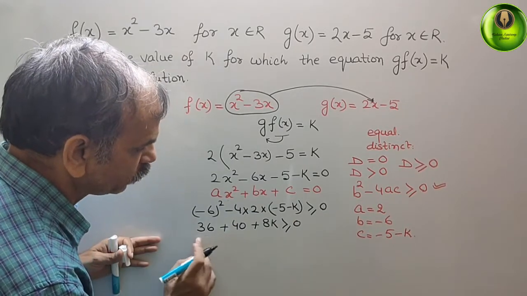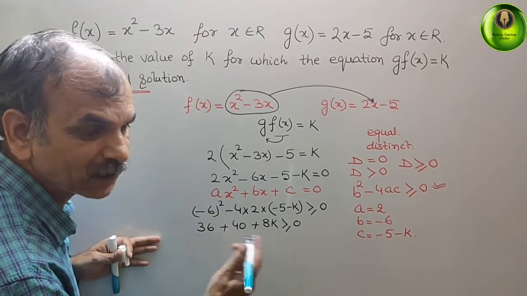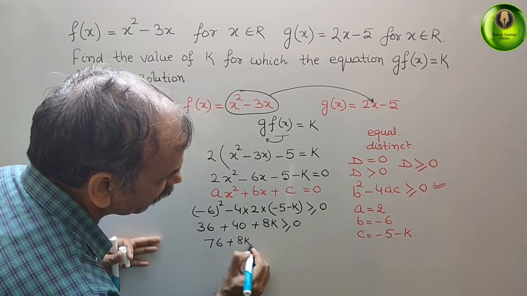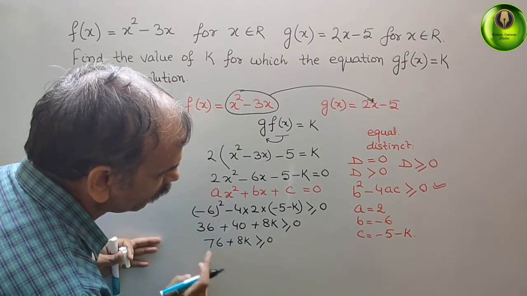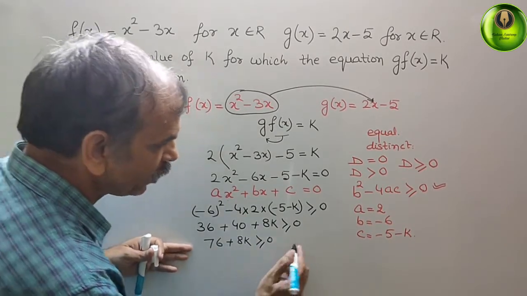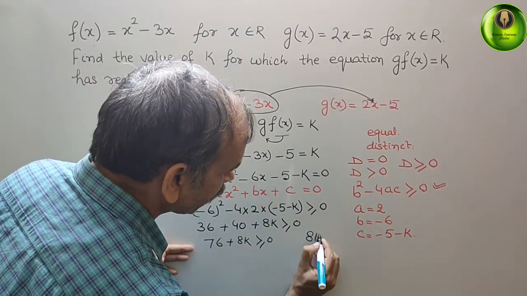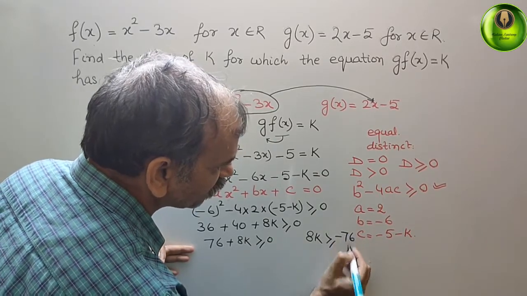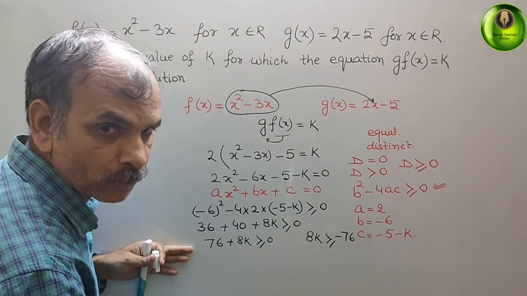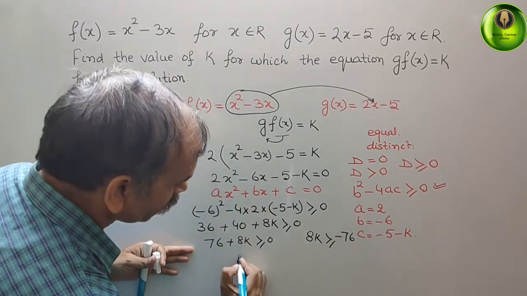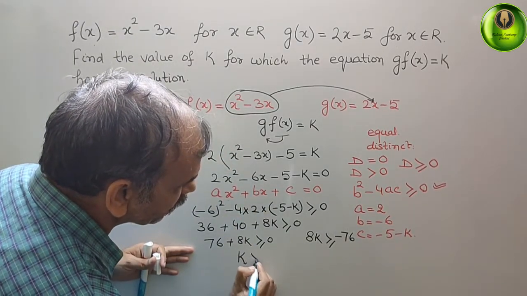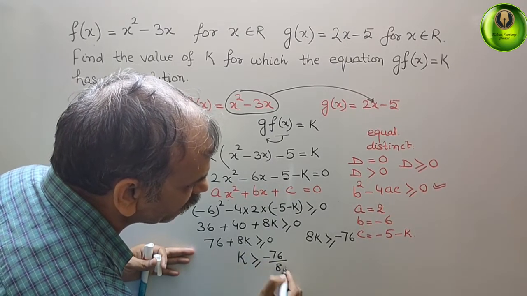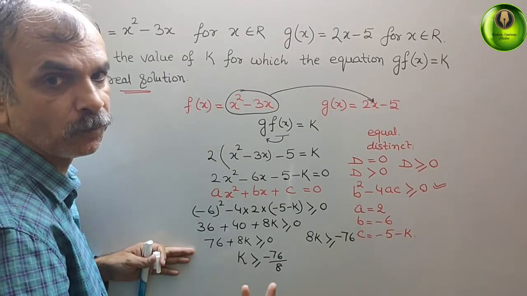Solve this. So here 36 plus 40 is 76, plus 8k greater than or equal to 0. Bring this to the right side. Here you will get 8k is greater than or equal to minus 76. What is your k now? So we can say k is greater than or equal to minus 76 by 8, divided by 4.